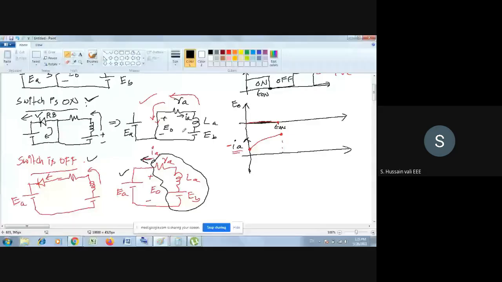The second quadrant chopper is possible only when you want to apply brakes to the motor, or extract energy from the motor. In that case only you will operate it. You understand now?